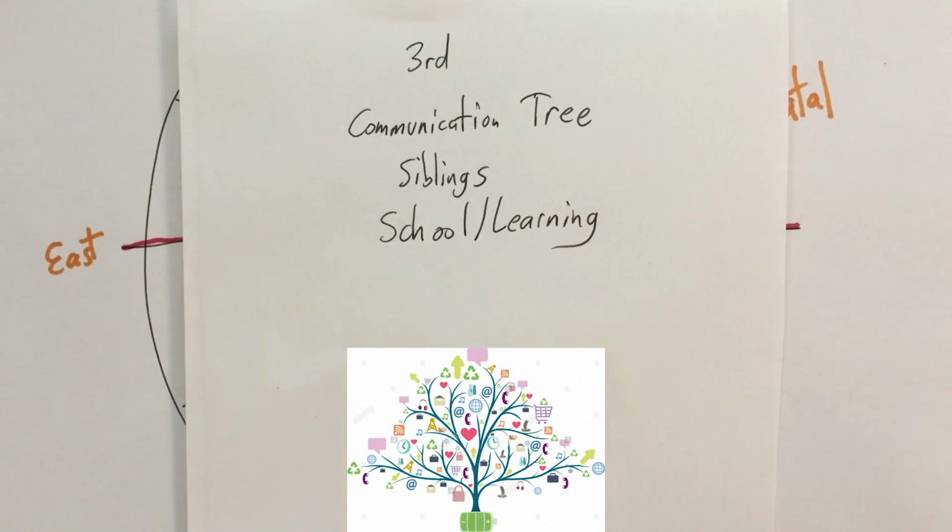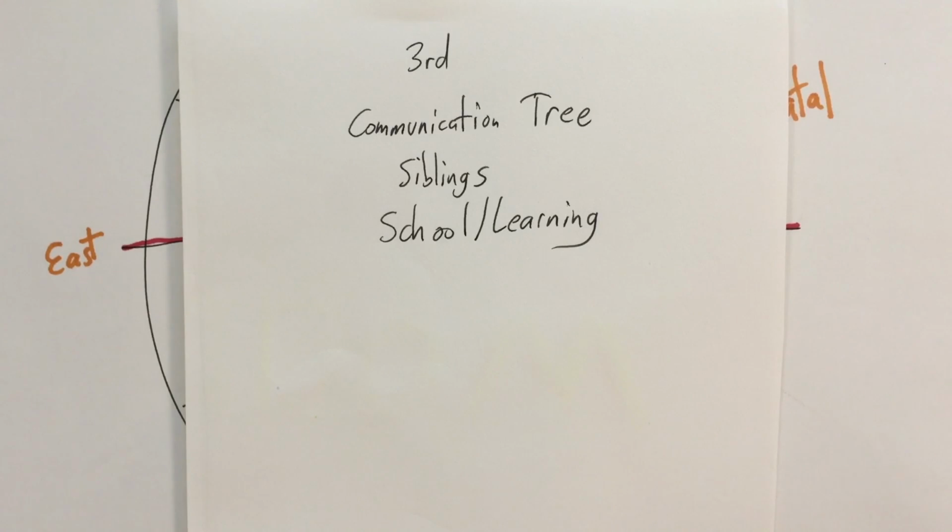We have Twitter, Facebook, Instagram, so many places to communicate, so many ways to communicate. So the 3rd house is about not only your communication, but about your siblings as well. Now I know you're asking, what about mom and dad? What about my parents? Well, they're in the next house. The 3rd house is about school, learning, siblings, and the communication tree.